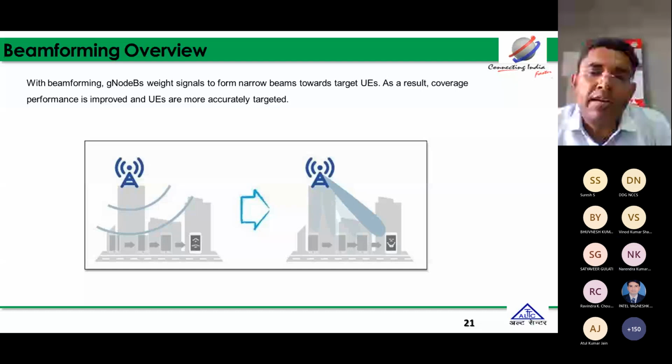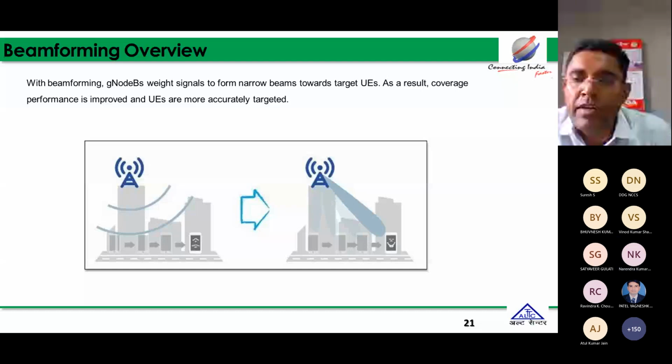This slide shows full dimension MIMO, also known as 3D beamforming, where your beams move in the azimuth direction as well as in the elevation direction in the building: top floor, 10th floor, 20th floor.